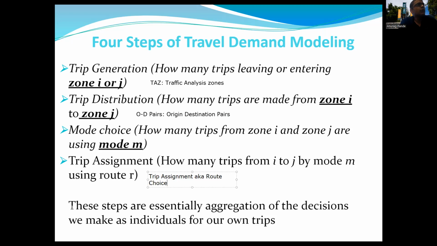These steps, basically, what are these steps? These steps are aggregation of the decisions that we make as individuals for our own trips, right? So think about, and you will see it, when we talk about these 4 different steps and details of these steps and how to solve problems using these steps, I'll ask you to think about connecting that to your choices, where we live is related to where we are going to shop for groceries, for example.